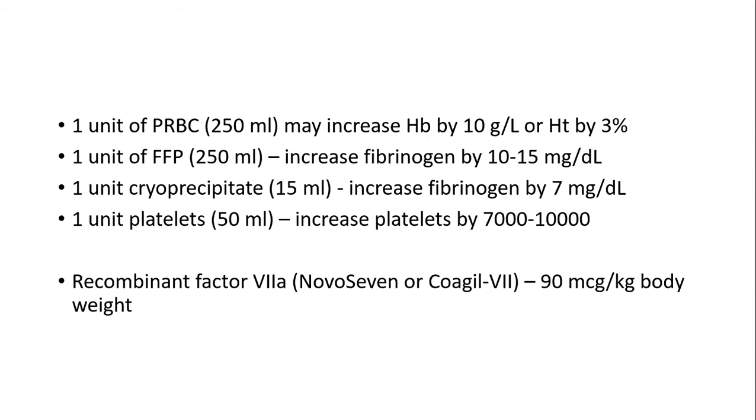Usually 1 unit of red blood cells may increase hemoglobin by 10 grams per liter and hematocrit by 3%. 1 unit of fresh frozen plasma increases fibrinogen by 10-15 milligrams per deciliter.